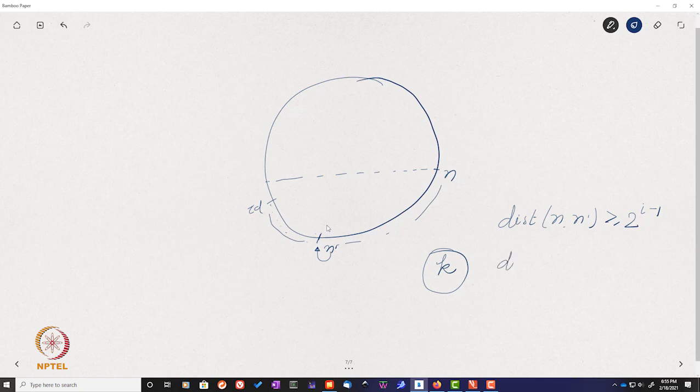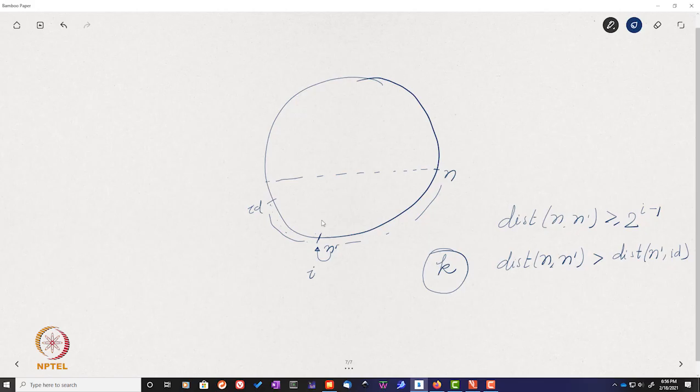So I can say that the distance n to n dash is more than the distance from n dash to id. This is just the distance in the id space. You can clearly see, because if that was not the case, then the closest preceding finger would not have been the ith finger, it would have been the i plus 1th finger.